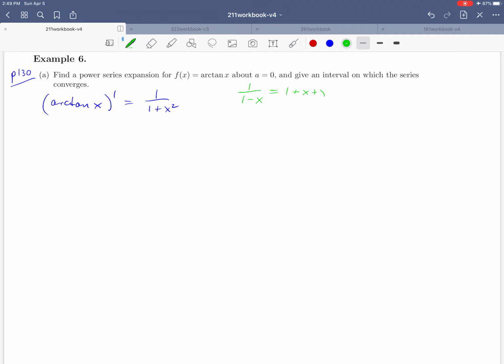That is 1 plus x plus x squared plus x cubed, and so on. And we also know the interval of convergence for this. This is true from -1 to 1.